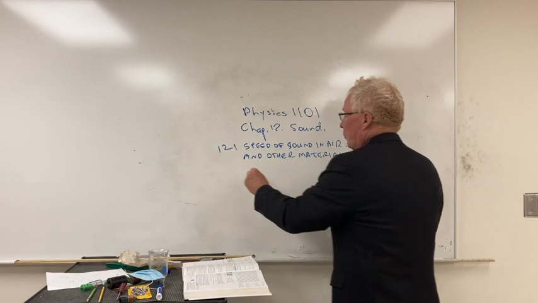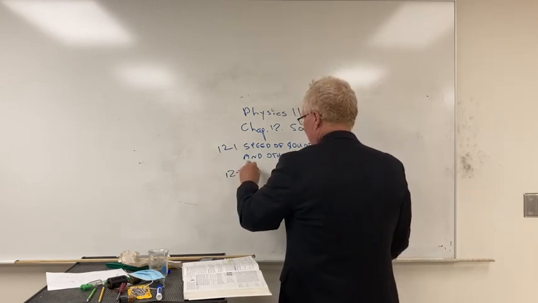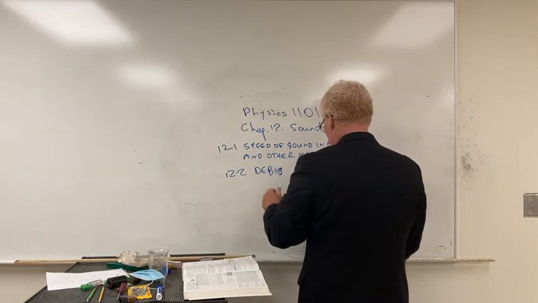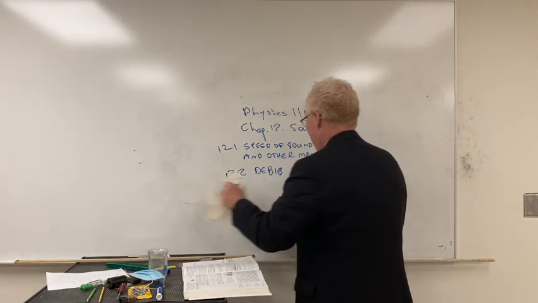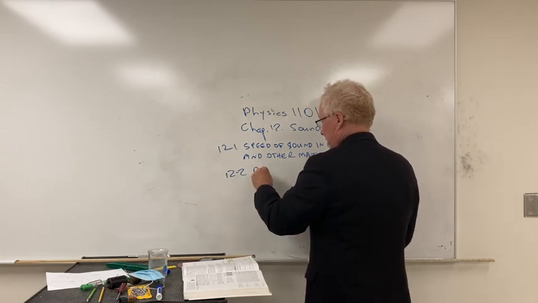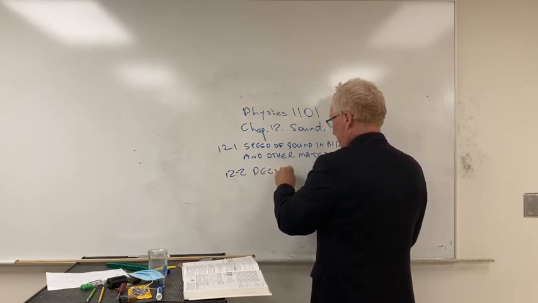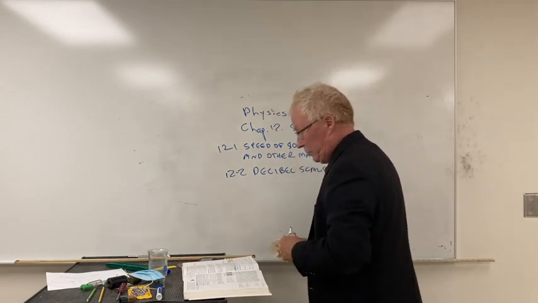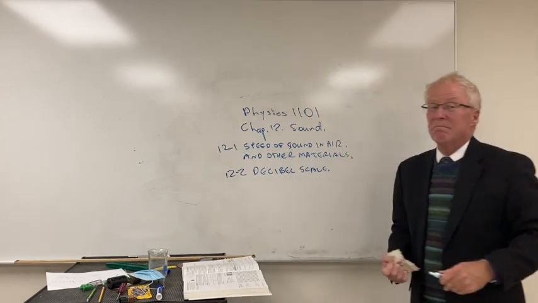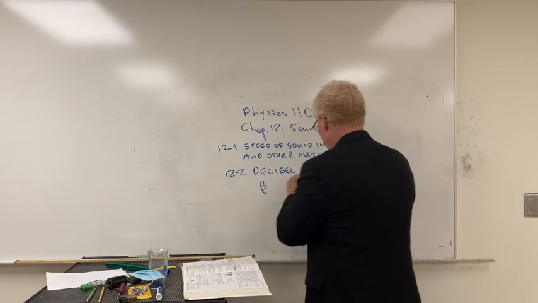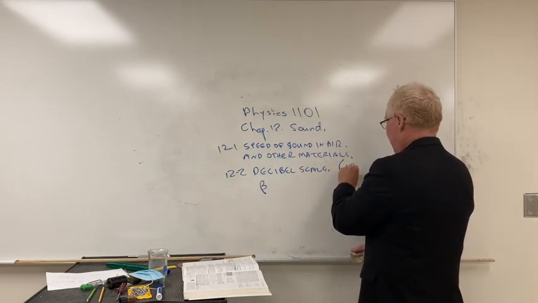For 12.2, that's a decibel scale, which is a logarithmic scale. We've been through this, so it's beta, and it's in units of dB.